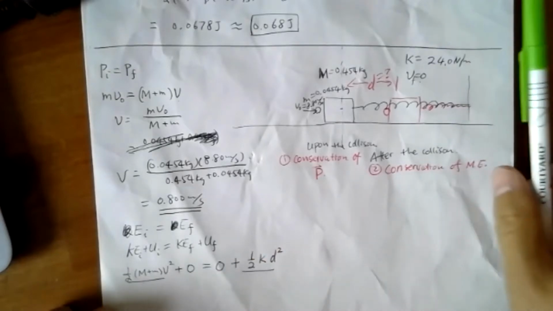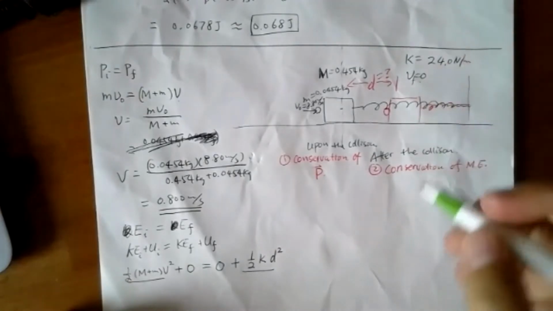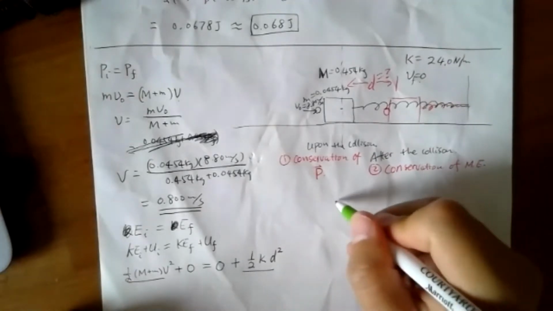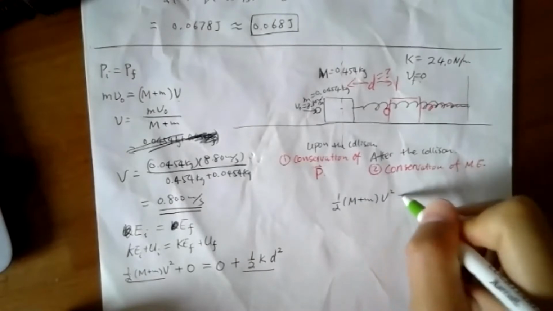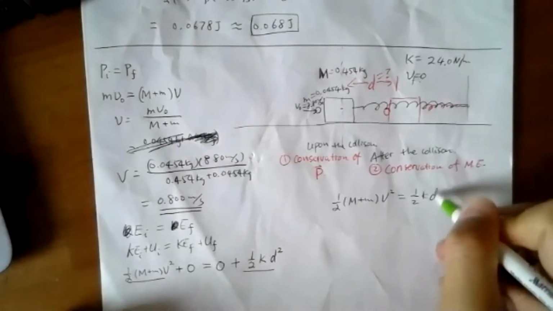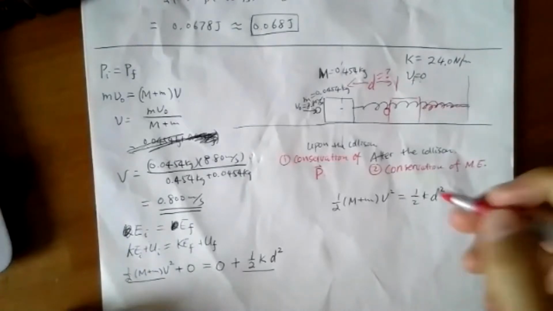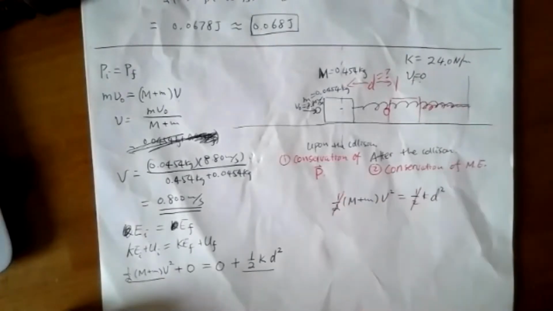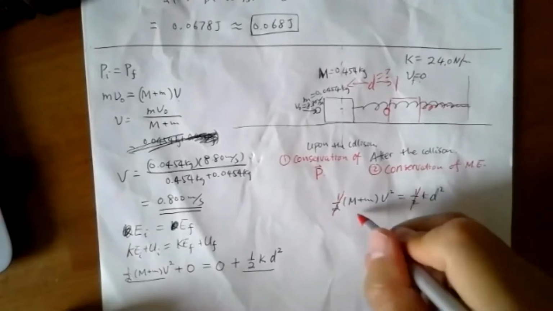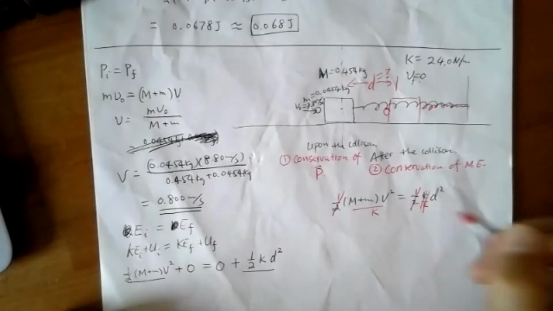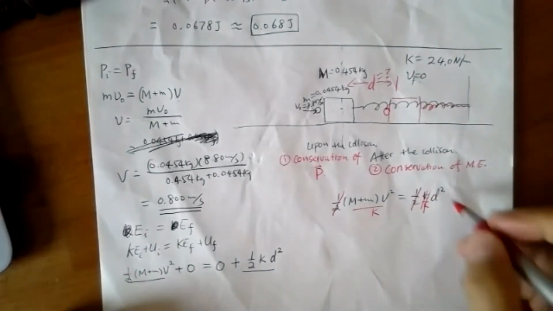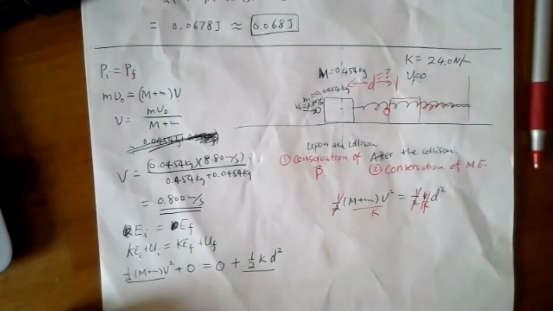You're looking for D. Let me write on this side: 1/2 capital M plus small m, V squared, is equal to 1/2 K D squared. You can see 1/2 and 1/2 cancel out. Then you can divide both sides by K to get rid of that K, so you only have D squared remaining on the right hand side.